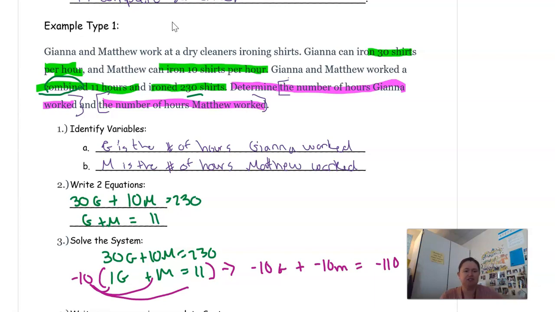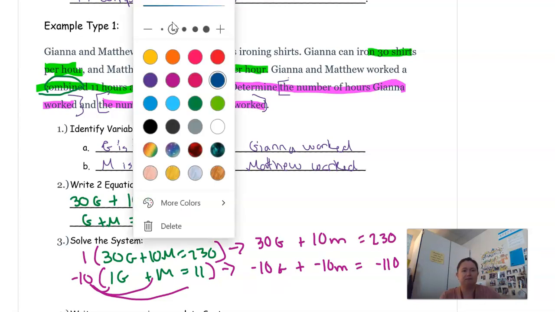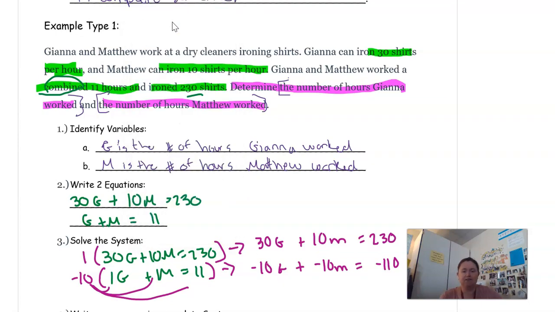Now I'm not actually going to do anything to the first equation, but if it bugs you not to multiply it, you could say you're multiplying it by 1. So it's just going to stay 30g plus 10m equals 230. Now I'm on my adding step. I now have a positive and a negative on the m, opposites.